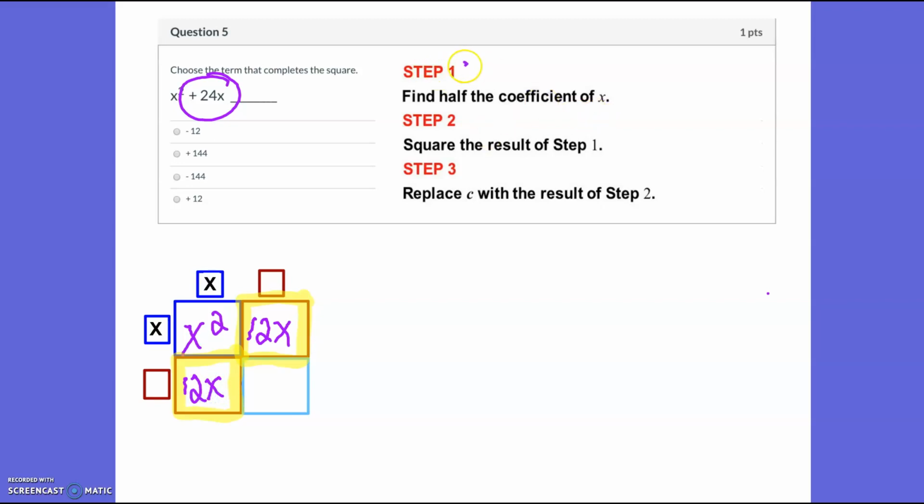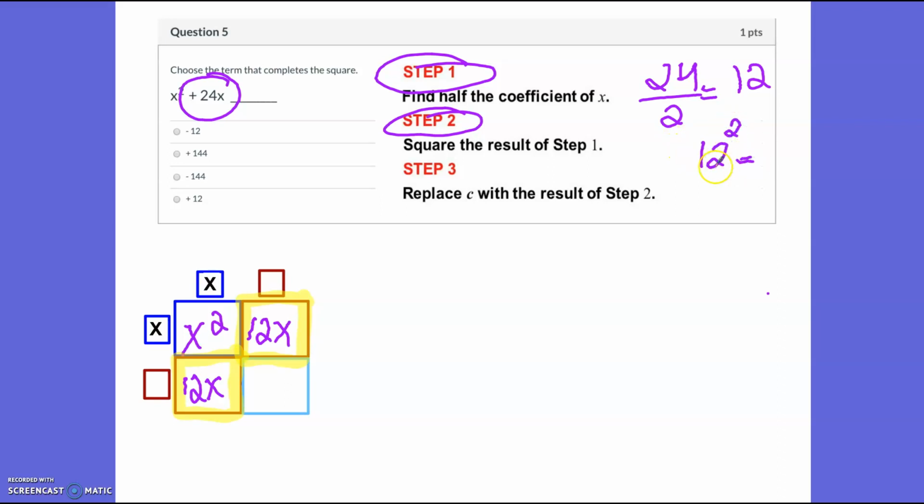So this will be step 1. Divide 24 by 2 and you get 12. Then step 2, you will square the result, which is 12. 12 squared is 144.